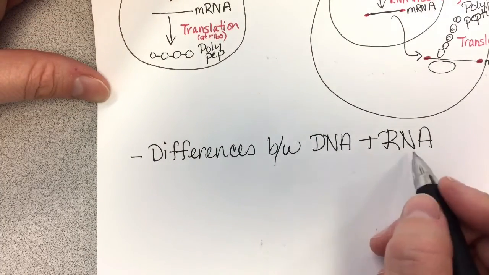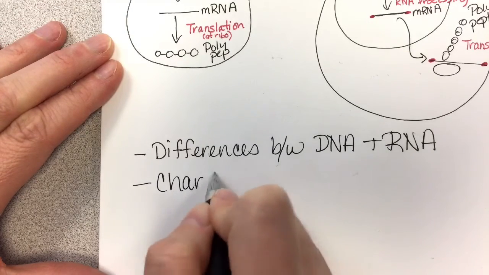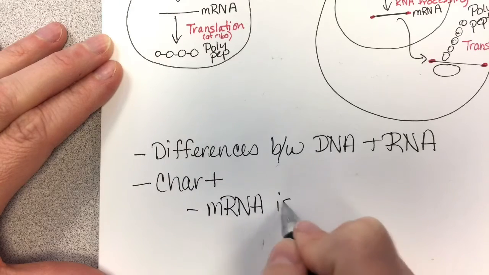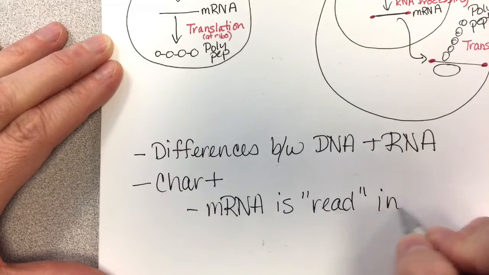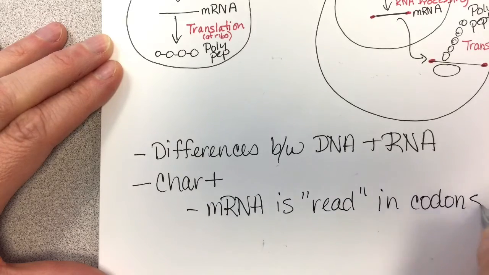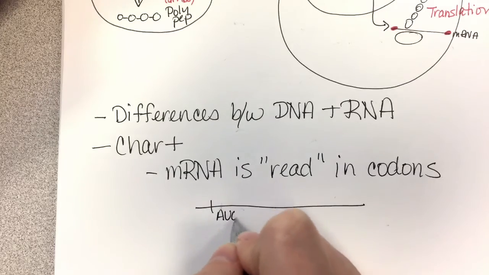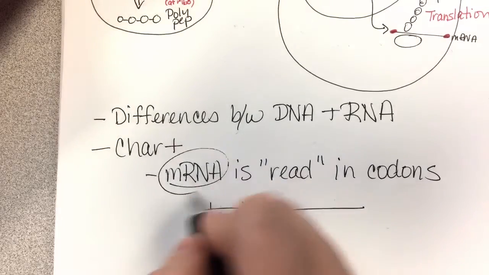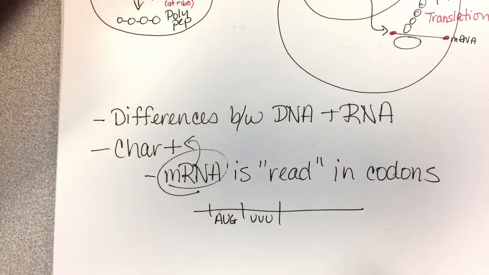DNA is double-stranded, RNA is single-stranded, and you should know how to use that chart where mRNA is, quote-unquote, read in groups of 3 called codons. So your mRNA is read like AUG, then UUU, and it's the mRNA that you use in the charts, the codons, not the DNA, not the tRNA.